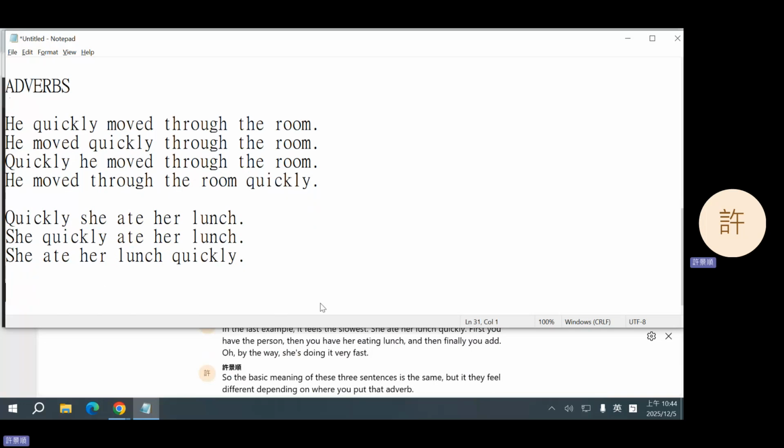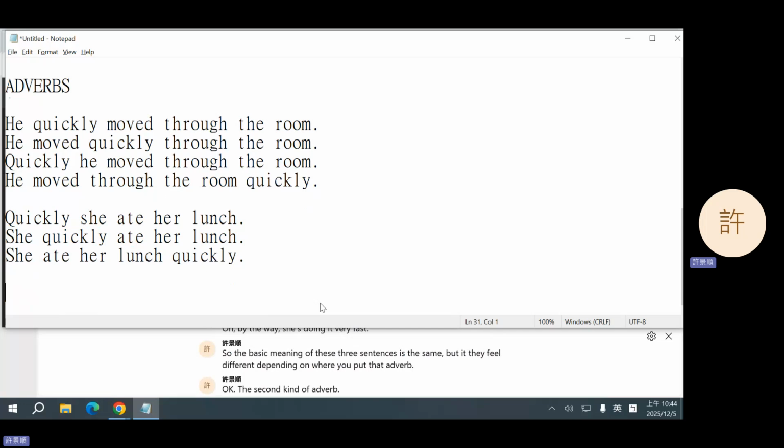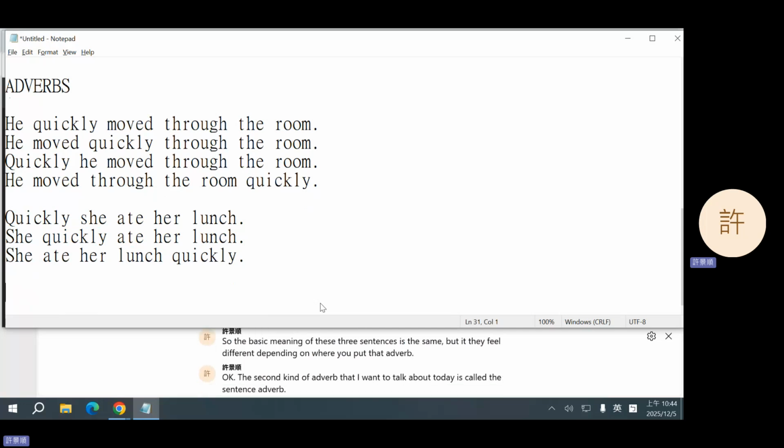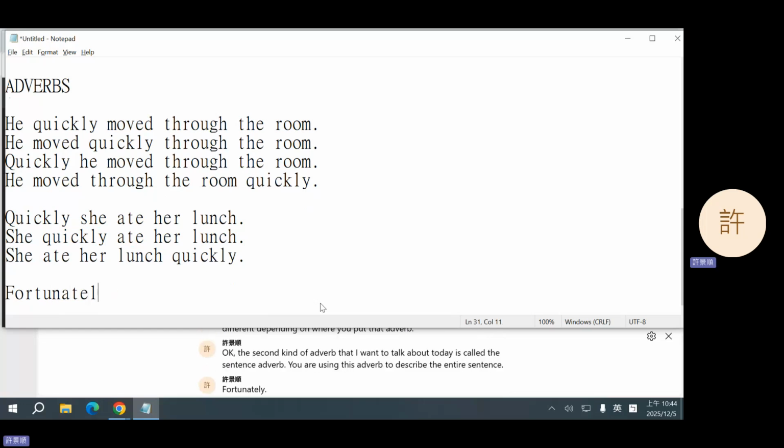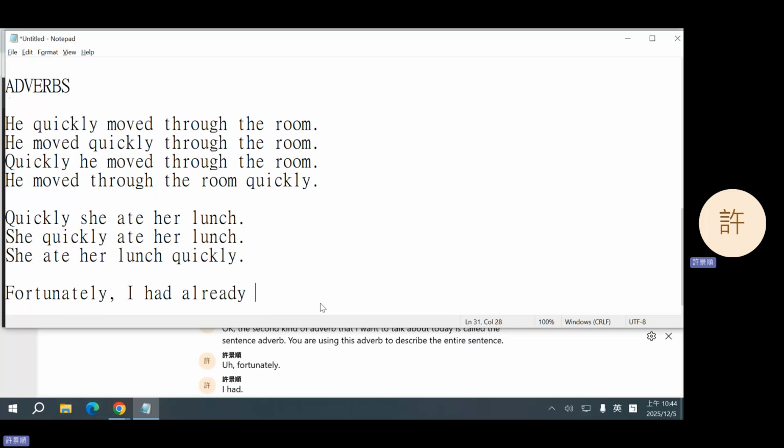Okay, the second kind of adverb that I want to talk about today is called the sentence adverb. You are using this adverb to describe the entire sentence. Fortunately, I had already finished the job.